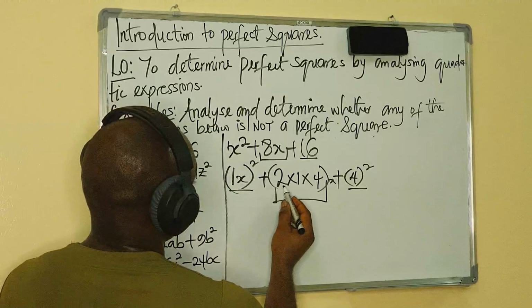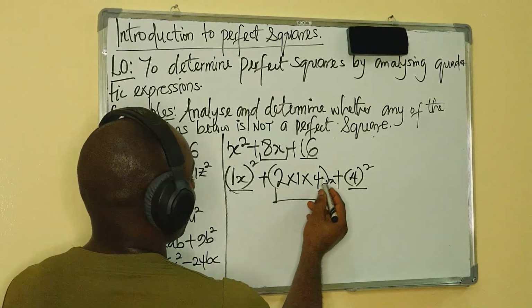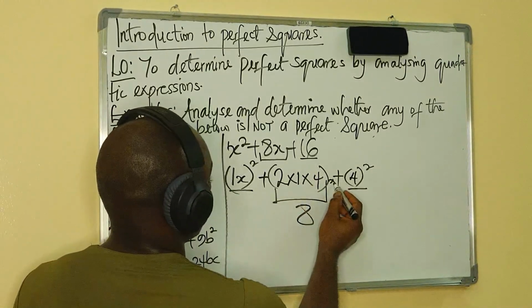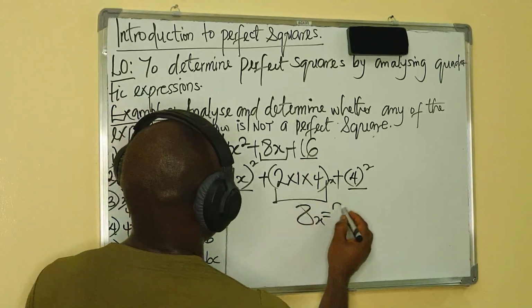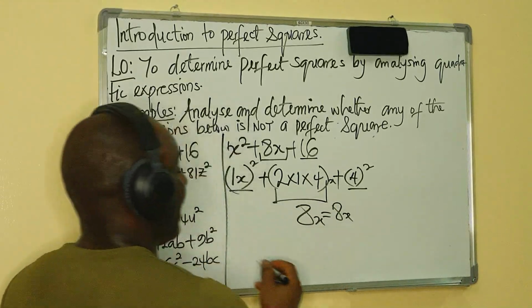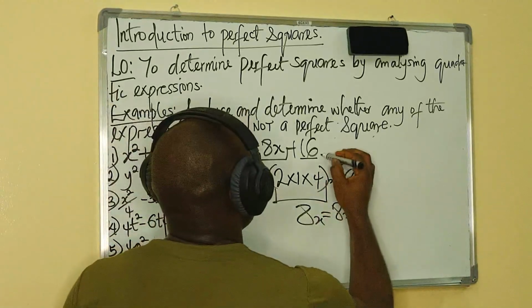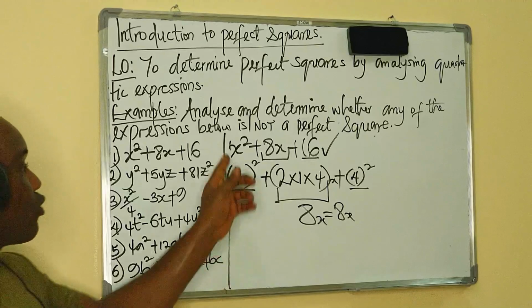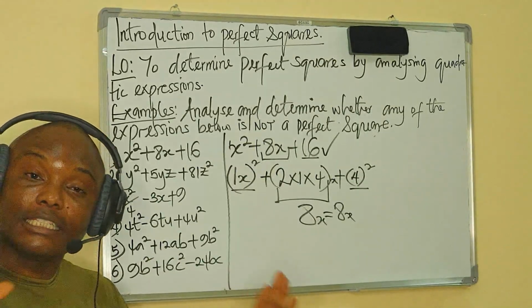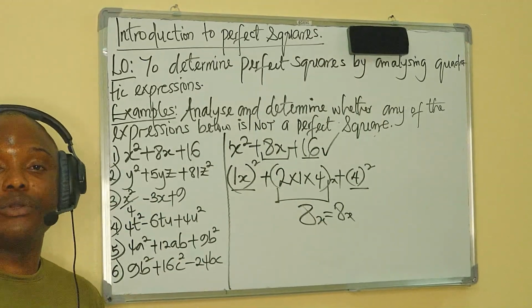Let's see. 2 multiply 1 is 2, multiply 4 is 8. This is the x, the coefficient. If I bring it down, notice that this 8x is also the same thing as this 8x. By this, it proves that the expression x squared plus 8x plus 16 is a perfect square. This is how you know.